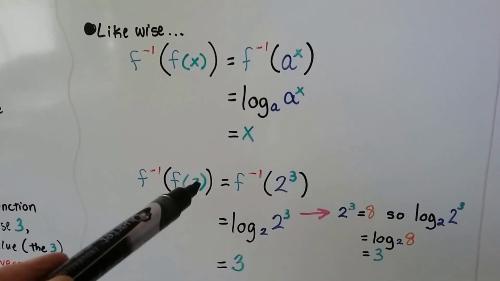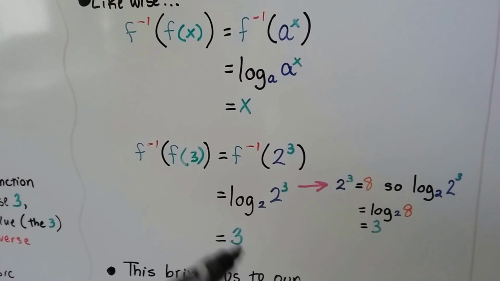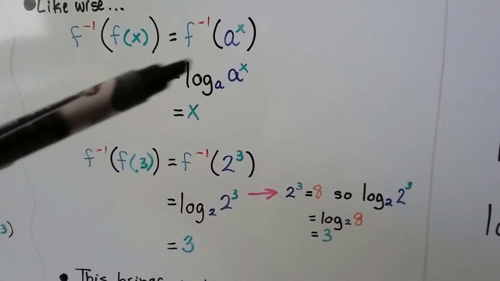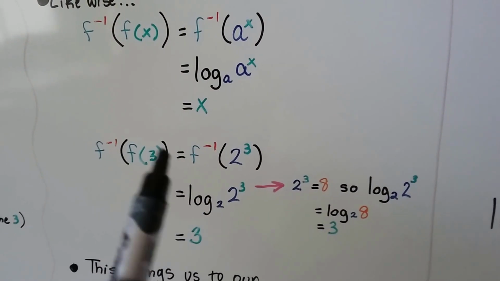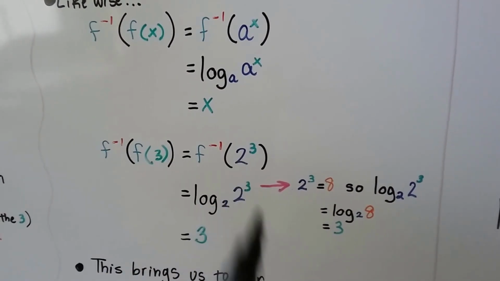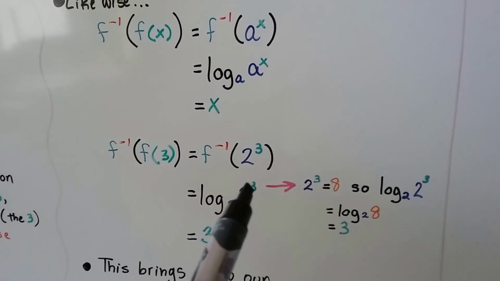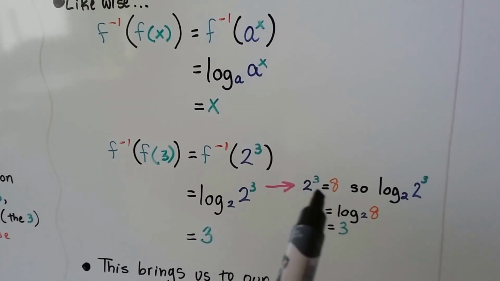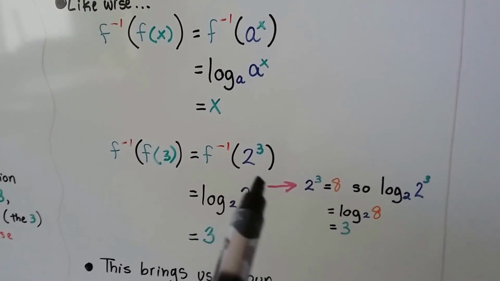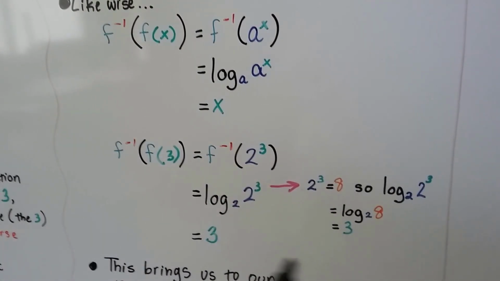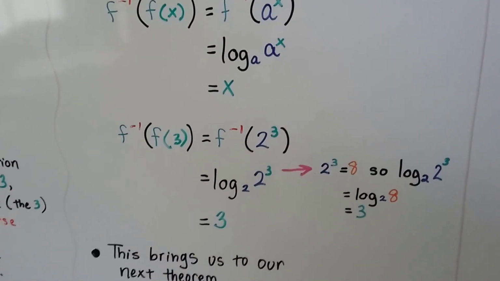That means if we put a 3 here, then the 3 is what it's supposed to be equal to. And it does. If we follow this as a guideline, and we put a 3 for x and a 2 for a, we're going to get log base 2 of 2 to the third power. Well, 2 to the third power equals 8. So that means we have log base 2 of 8, which is a 3. It brought us right back, didn't it?